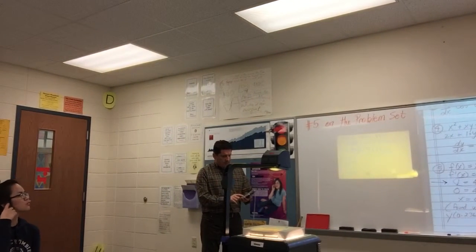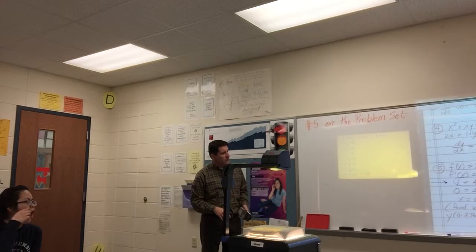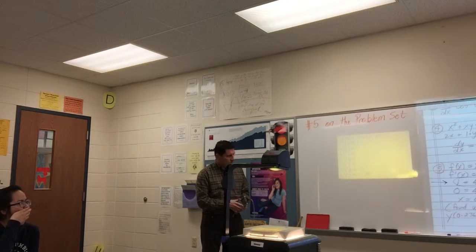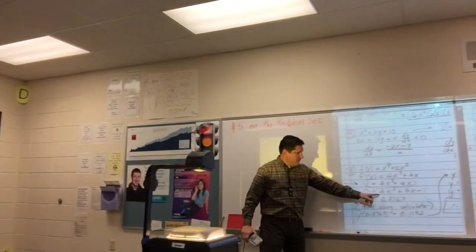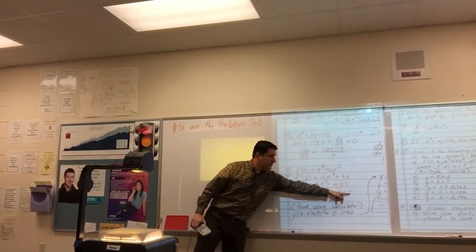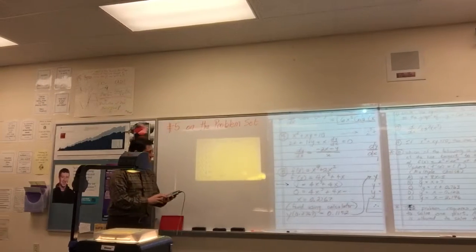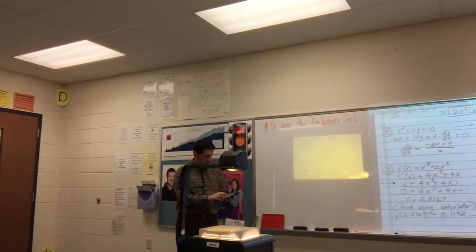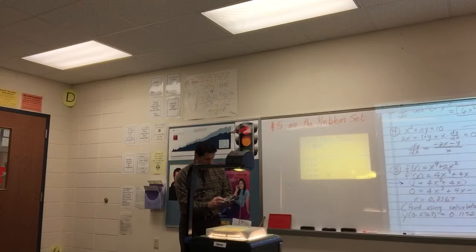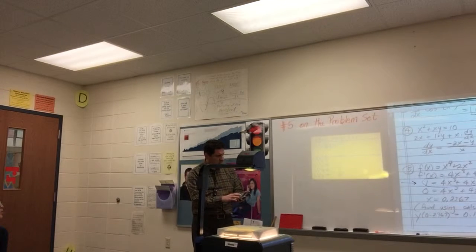So I'm going to my y equals here and I'm going to put in the function. And I'm going to put in just the right side here, 4x cubed plus 4x minus 1 into my y1. So 4x to the 3rd plus 4x.